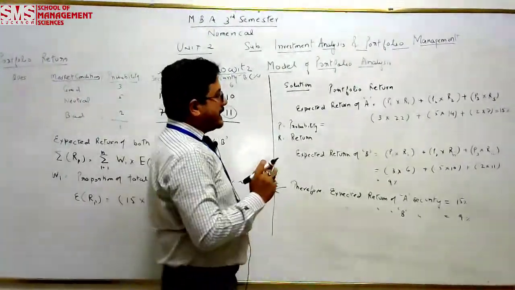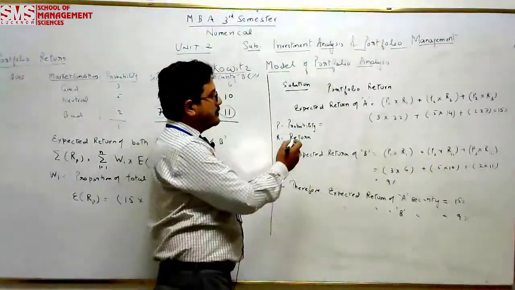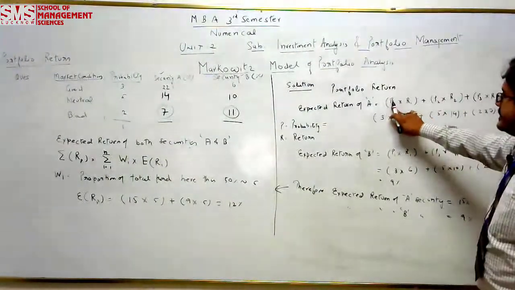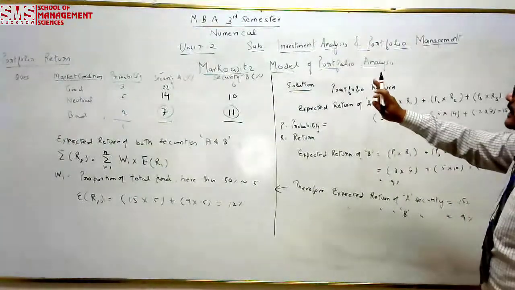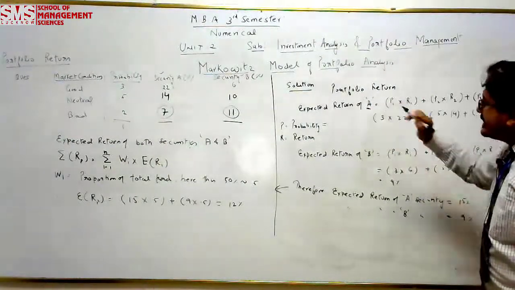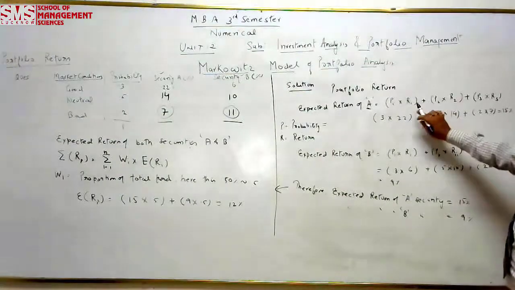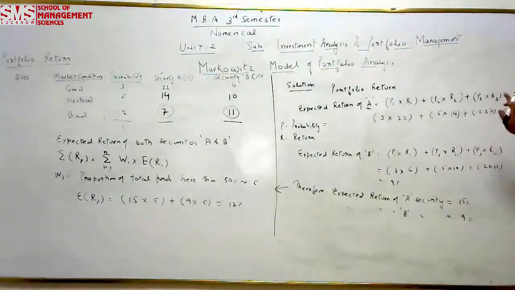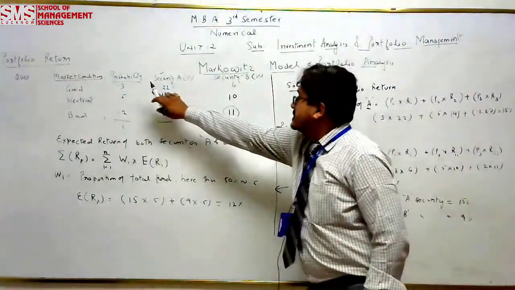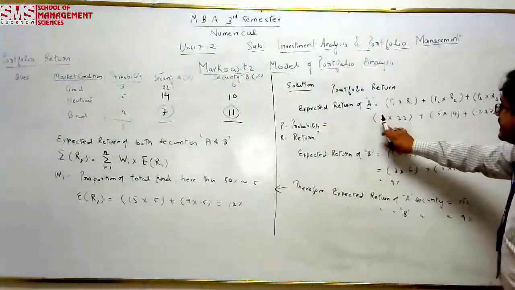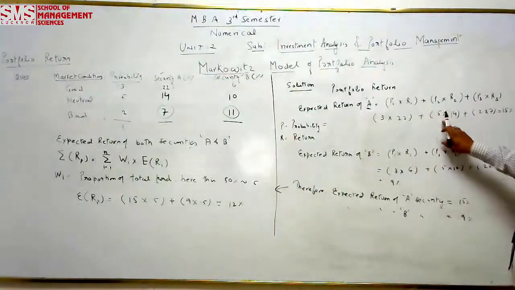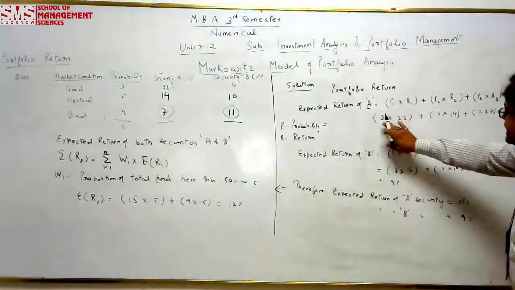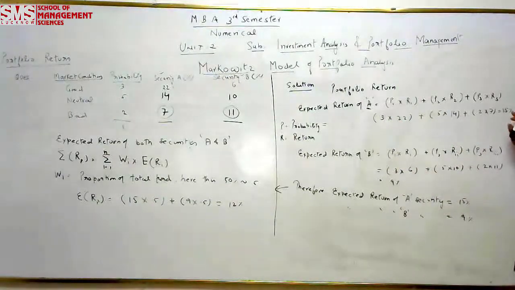Now, how can we solve it? We can solve it individually with the help of this formula: P1 is the probability 1 and R1 is the return of asset A. We are calculating the return of asset A: P1 into R1, similarly P2 into R2 and P3 into R3. Put the values: 0.3 into 22, 0.5 into 14 and 0.2 into 7. When we multiply, we get 15% return.